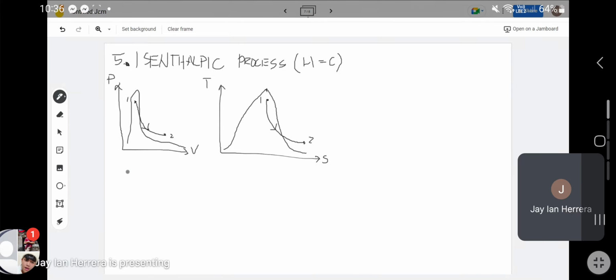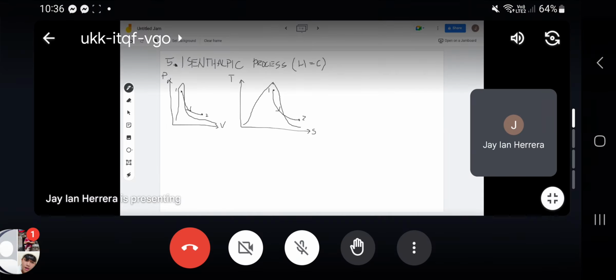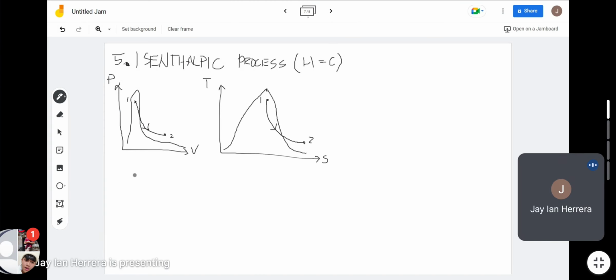Formulas for isenthalpic. Work one flow, or steady flow na lang kaagad. So work steady flow is 0.